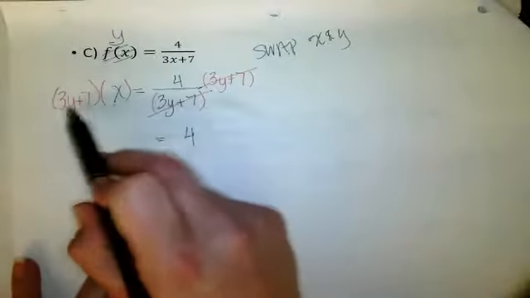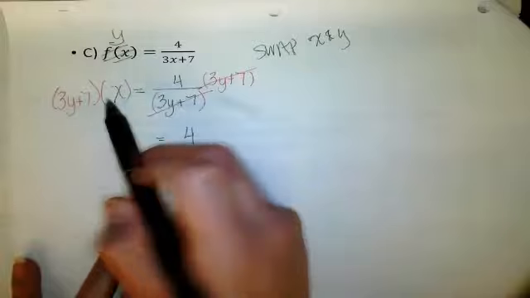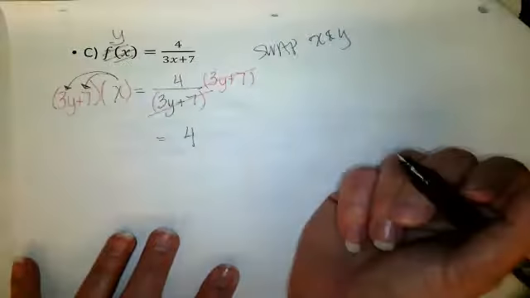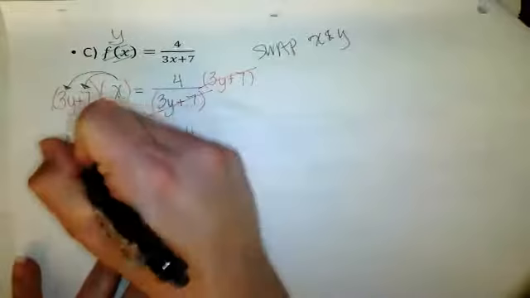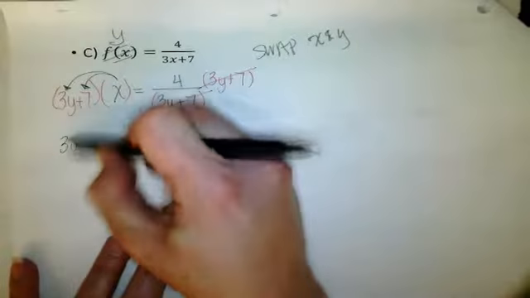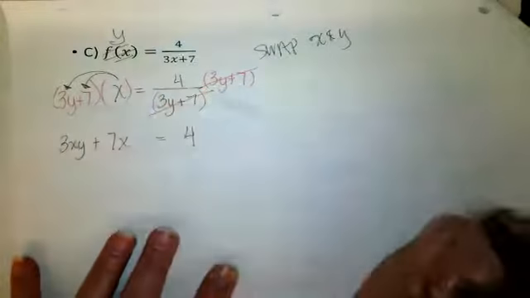What do you suppose I need to do on the left? Distribute. Very good. We are going to distribute this x because they are being multiplied together. So 3y times x I could write as 3xy. And then 7 times x is 7x.